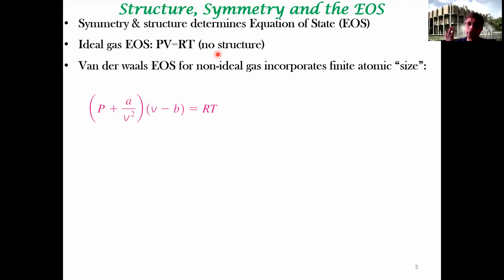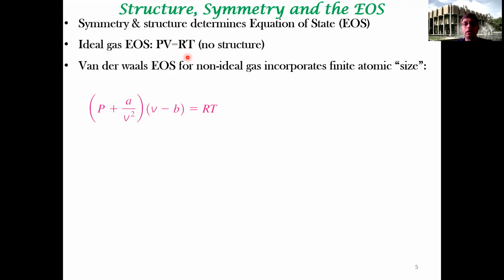But still, even with an imprecise definition of size, if I introduce some notion of size, I have what is called the van der Waals equation of state. We'll look into this in great detail, but just to get certain complexity in. When I introduce certain size, the complexity of the equation of state increases.